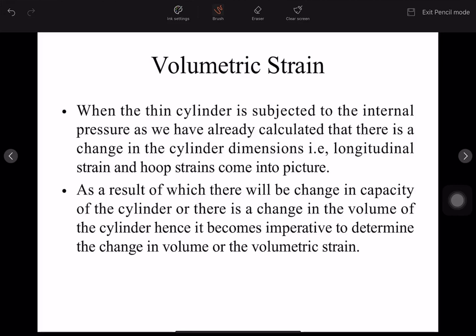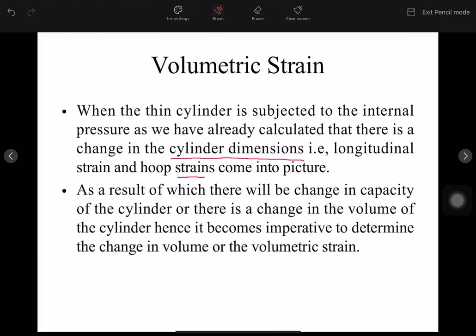When the thin cylinder is subjected to internal pressure, as we have already calculated, there is a change in cylinder dimensions. That is due to longitudinal strain and hoop strain coming into the picture.